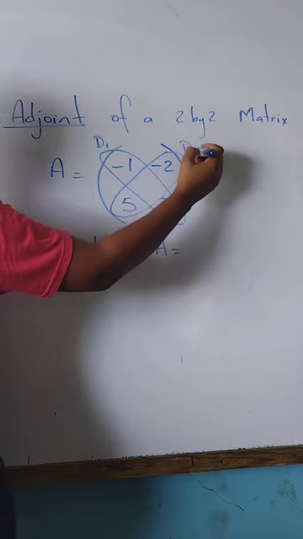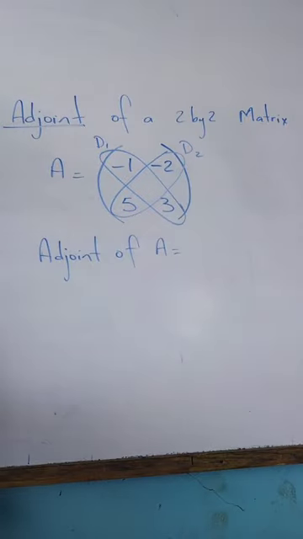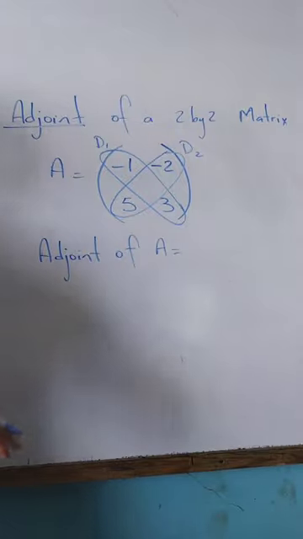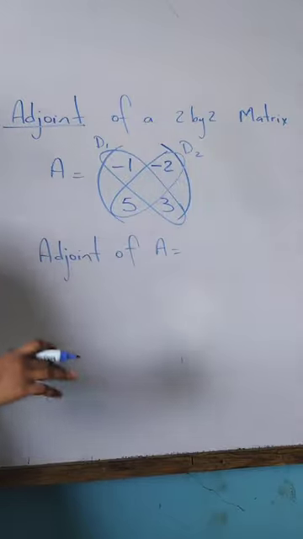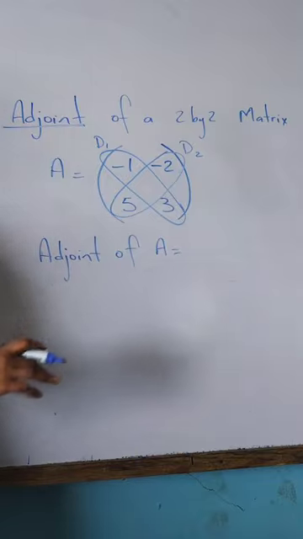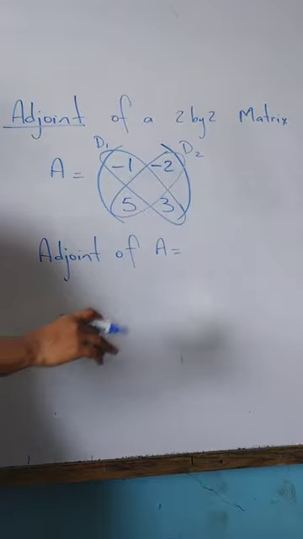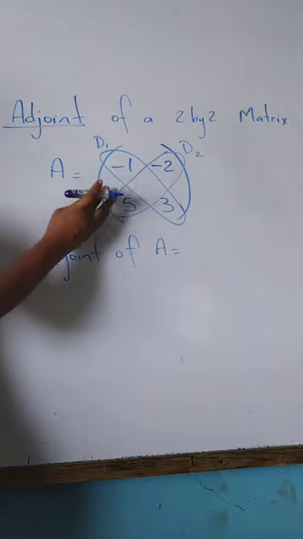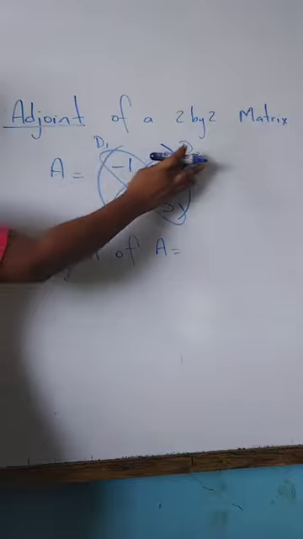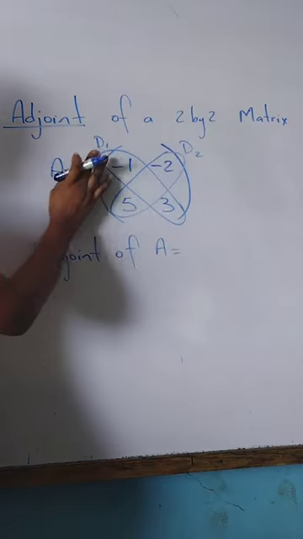Remember I said in the video before on determinants that it determines if the matrix is invertible. That's what we're leading into. The adjoint and the determinant lead us into the inverse of the matrix. Right now we're looking at our diagonals: diagonal 1, diagonal 2.